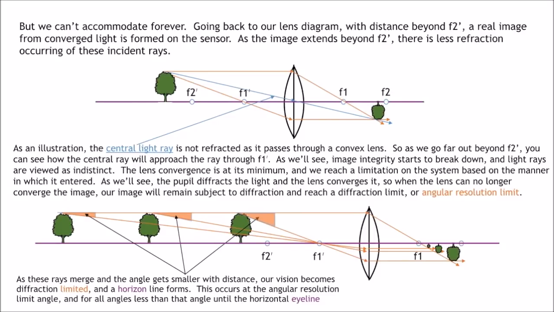So anything at that particular point where the light rays are so merged together or so close to one another that you cannot resolve them, that angle plus any angle less than it up to the 0 degree point of our eye line is not visible.